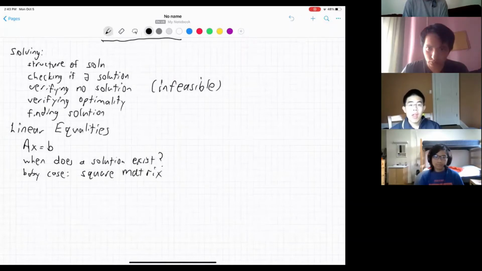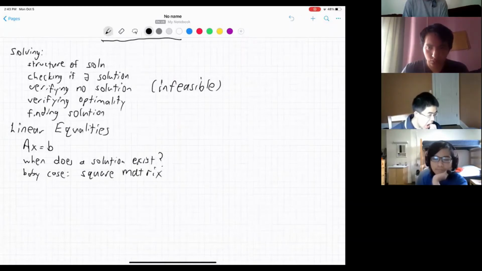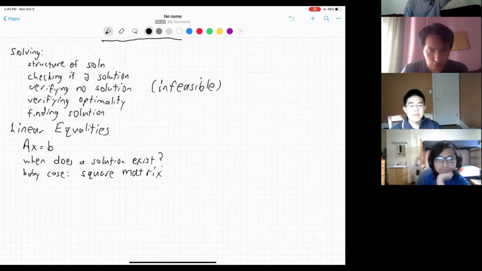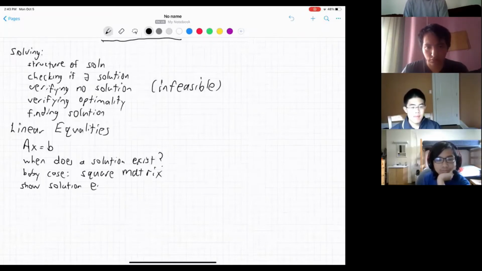So for starters, is there a way to show me that I can easily verify that a solution exists to this problem? If I come in and ask you if there's a solution to this problem, how would you convince me that there is?